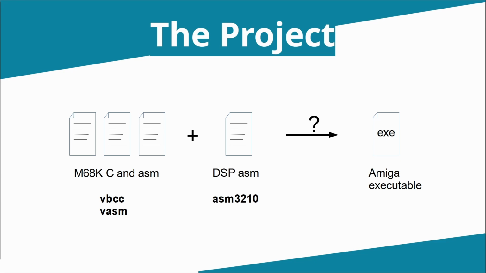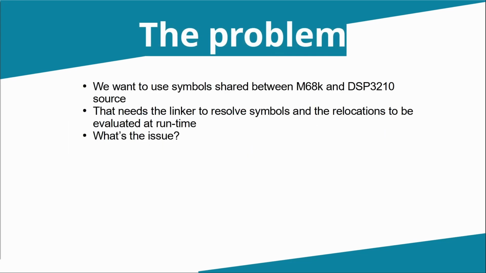And when we start thinking about that, we uncover a problem. The issue is, if we want to write a program of any complexity, then we want to be able to share symbols between the two sides of the equation. We want to be able to share symbols between the CPU side, the 68000 series side, and the DSP side.